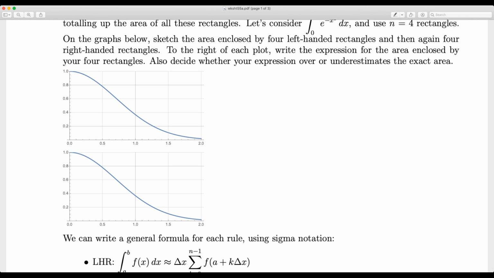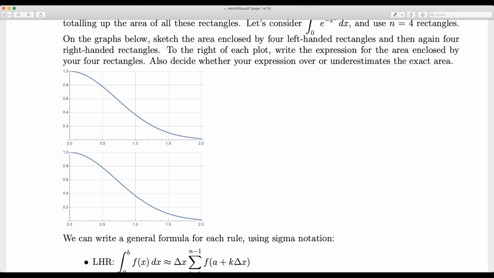So what's the formula that I'm going to need to write for this? What makes a left-hand rectangle a left-hand rectangle? Where my cursor is on the screen, for a rectangle that is 0.5 units wide, I have to decide: is its top left corner going to intersect the curve, or its top right corner?